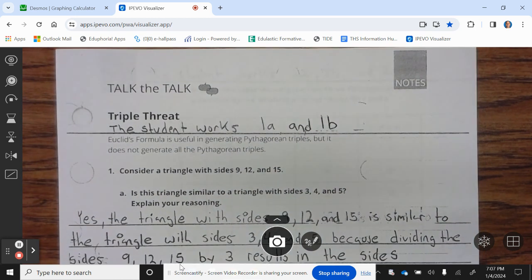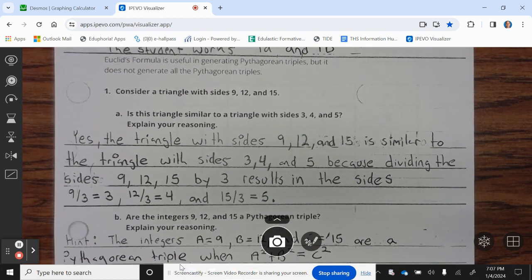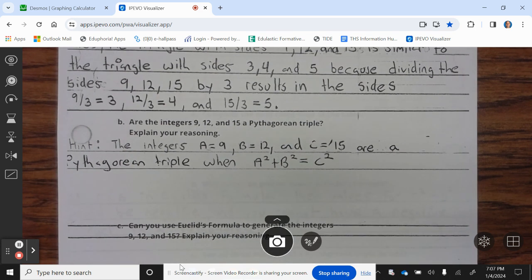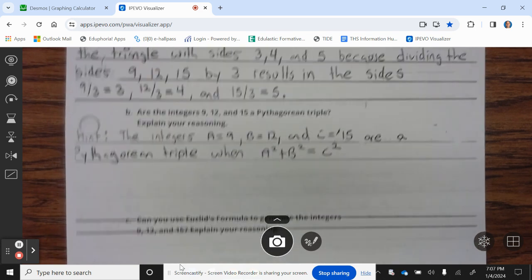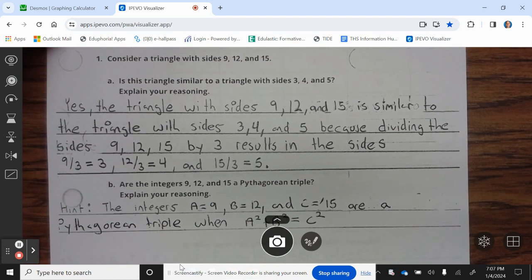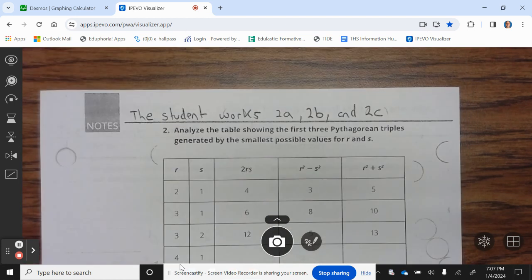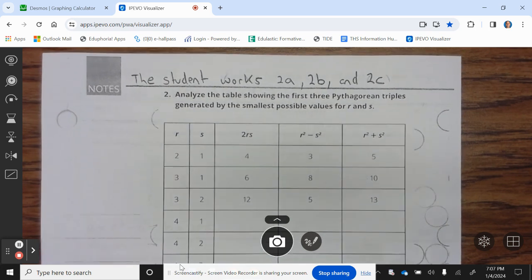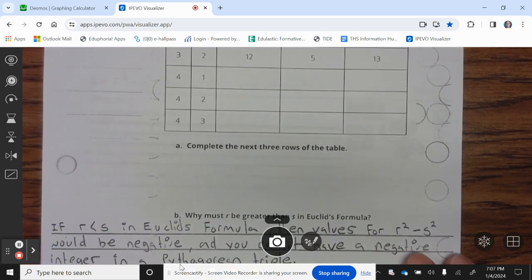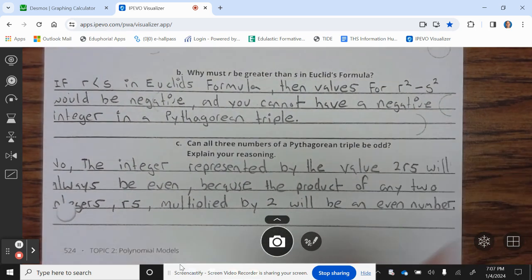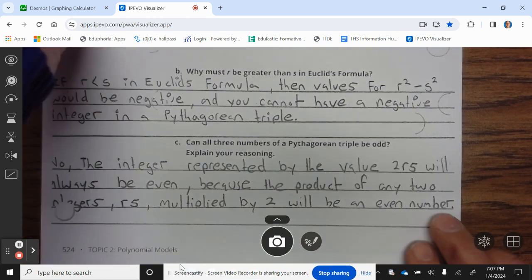Talk to talk. Triple threat. The student works 1A and 1B. All right, let's take a look at the next page. The student works 2A, 2B, and 2C. All right, let's take a look at the next page.